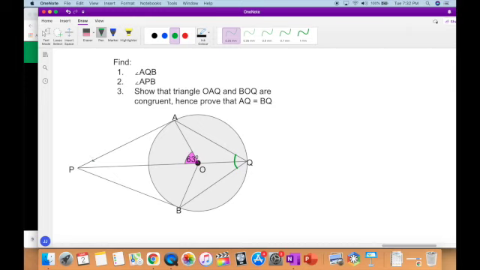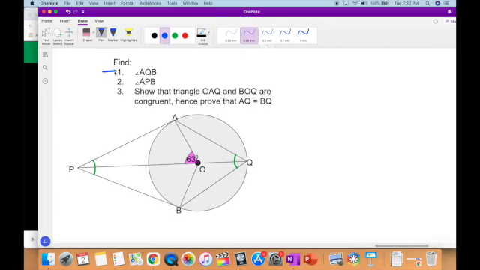APB is this angle over here, and show that triangle OAQ and BOQ, so that is this triangle here and this triangle here, are congruent. Congruent meaning that they're the same. So you have to prove that these 2 triangles are the same, and hence show that AQ is equal to BQ. So let me take it one step at a time.